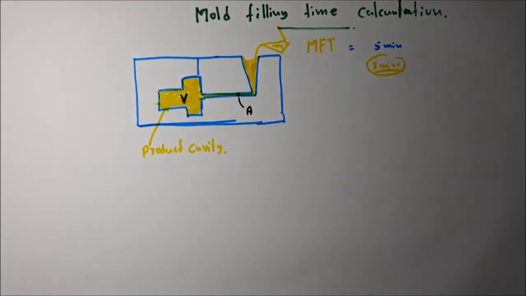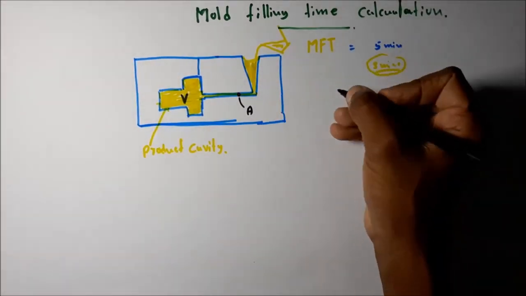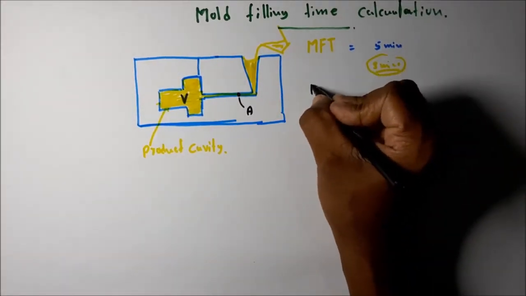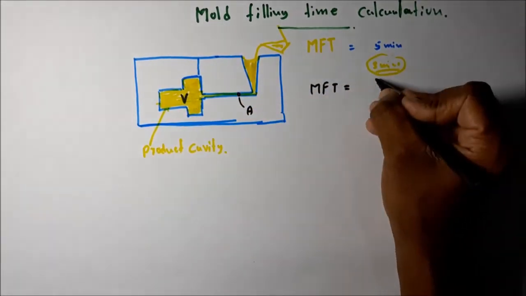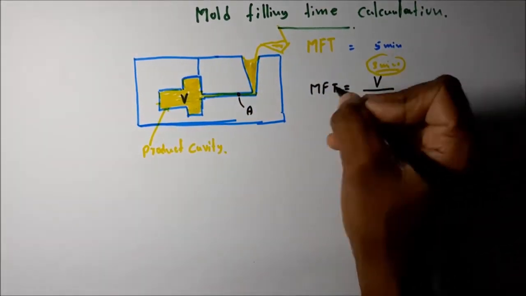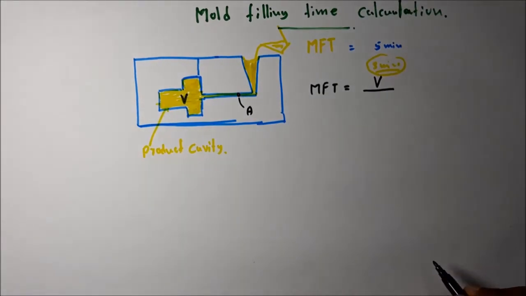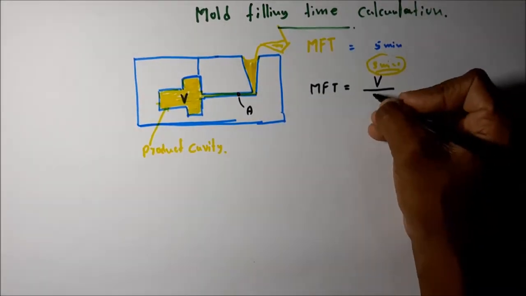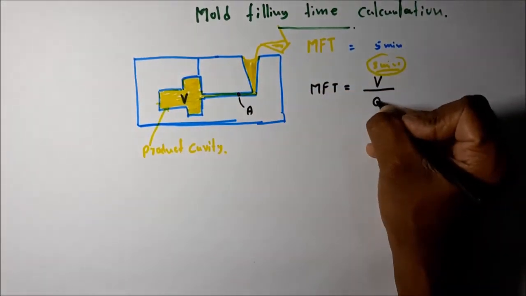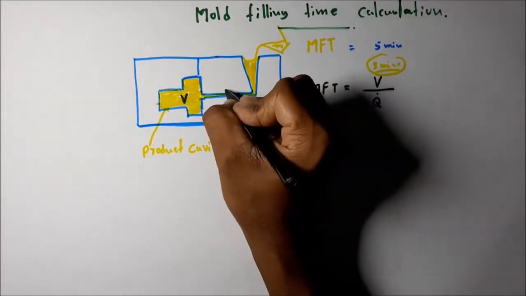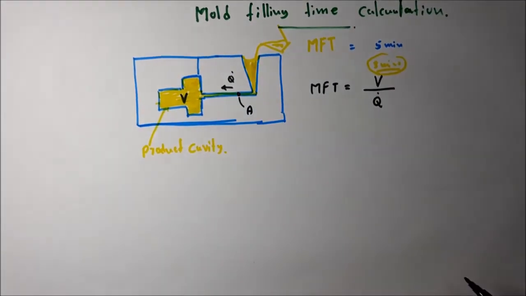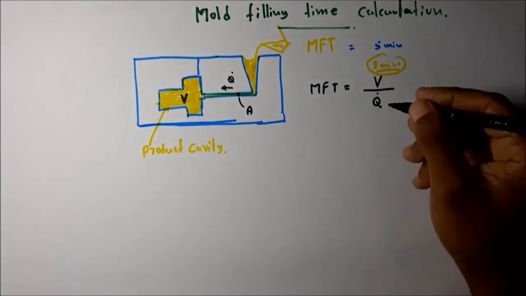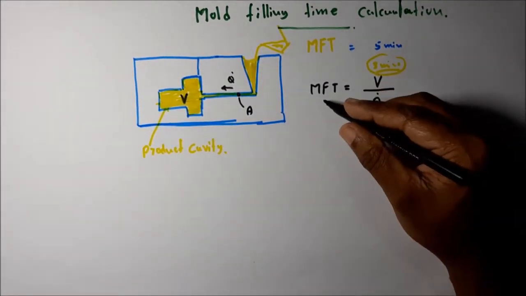Then we can write a simple equation. Mold filling time is equal to the total volume of the cavity divided by the flow rate, Q dot, of the molten metal through the main runner. If we know Q dot, we can easily calculate the mold filling time.